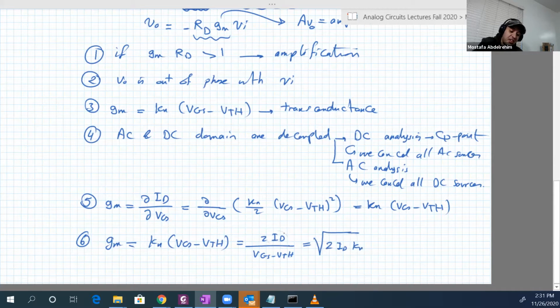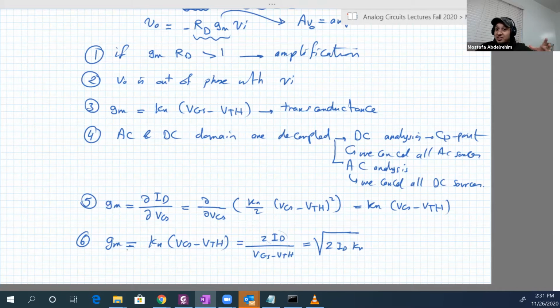If you remove ID here and put Kn over 2 (VGS minus V threshold) squared, you will get the same first equation. Again, if you remove this ID and put Kn over 2, you will go back to the first equation. So they all lead to each other. You may find one definition somewhere and another definition somewhere else, so you should know that all of them are the same.